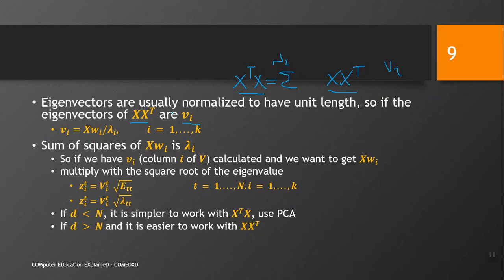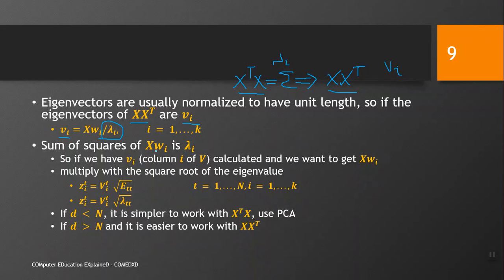Eigenvectors are usually normalized to have unit length. So, if the eigenvectors of this are this, then we can say that the eigenvalues of the newly transformed matrix are actually normalized by the eigenvalues of the older covariance matrix.